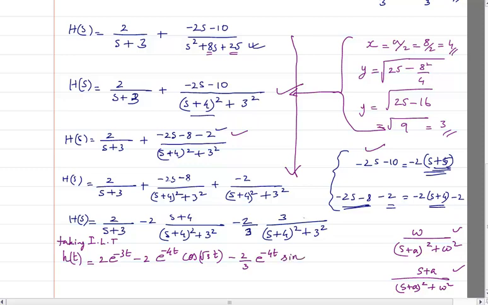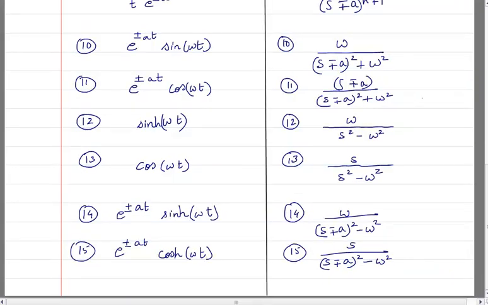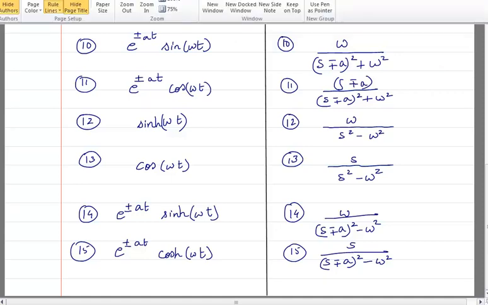Why sine? Because on top it is omega, so for this one it's going to be sine, and for the other one it's going to be cos, so this is sine root 3t. Where did I get these equations? I get them from the equation chart that I already have here. See these two.